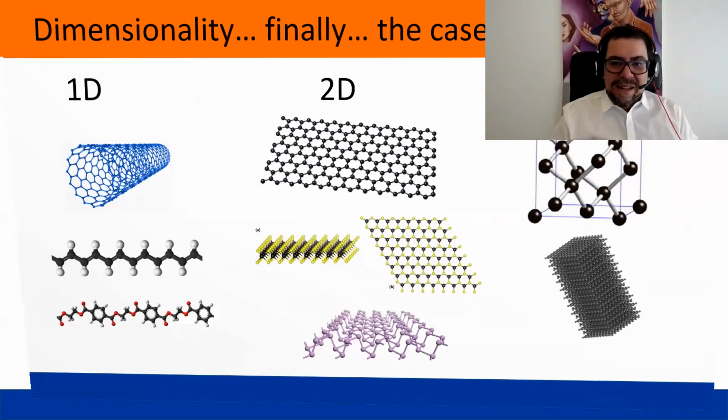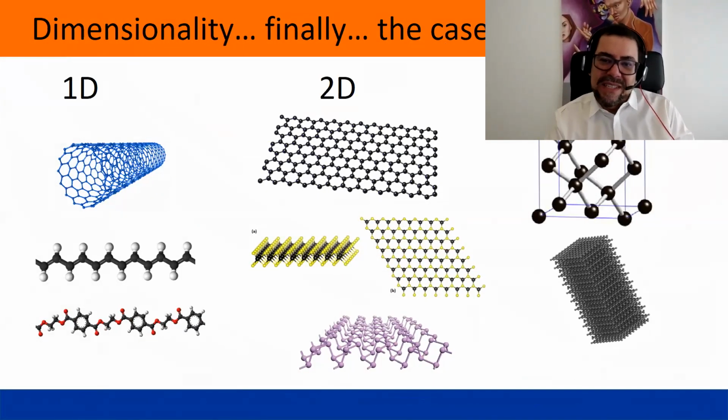So now I hope that you understand that dimensionality comes about from the way atoms bind to each other through the states, through the wave functions of the electrons.